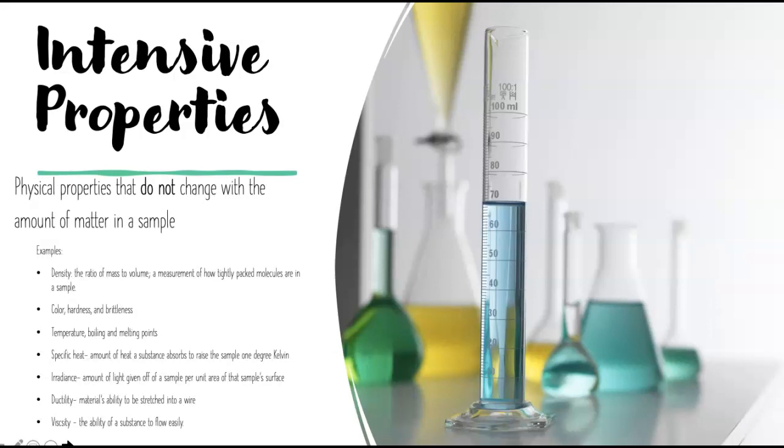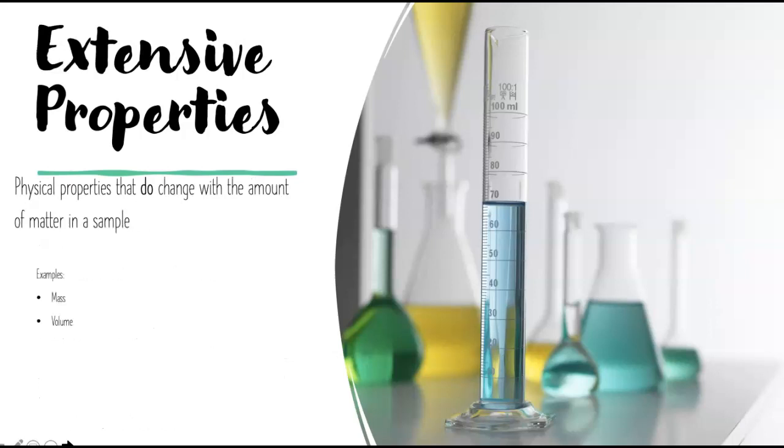So again, those are intensive properties. They don't change with the amount of matter we have, like the color, the temperature, the specific heat, whether it can be made into a wire or not, its ductility, its viscosity, its ability to flow or resist flowing. Those are examples of physical properties that are called intensive.